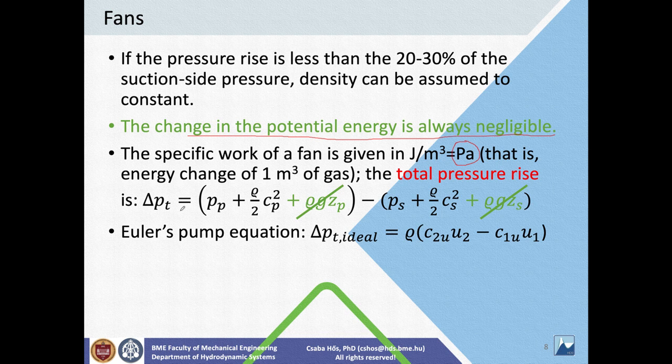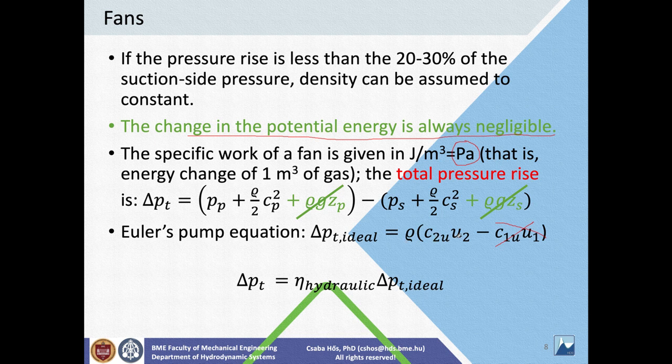Now we've also learned Euler's pump equation. In the ideal case, this is how you compute it. Again, if you have pre-rotation free flow, then this term can be cancelled. And then if you multiply the ideal value with the hydraulic efficiency, then you will get the same thing. Let me explain this.